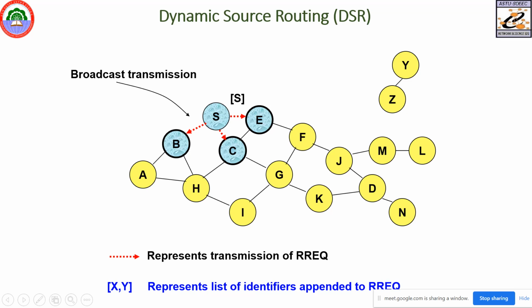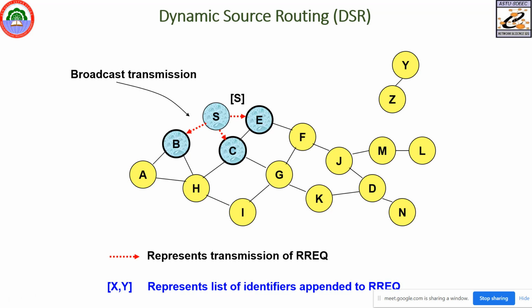In the next step, the request is received by B, C and E. When the request is received by B, in the next step it has to rebroadcast that request.